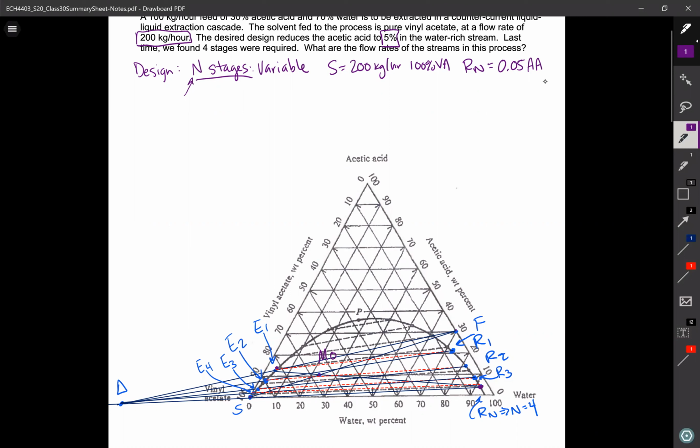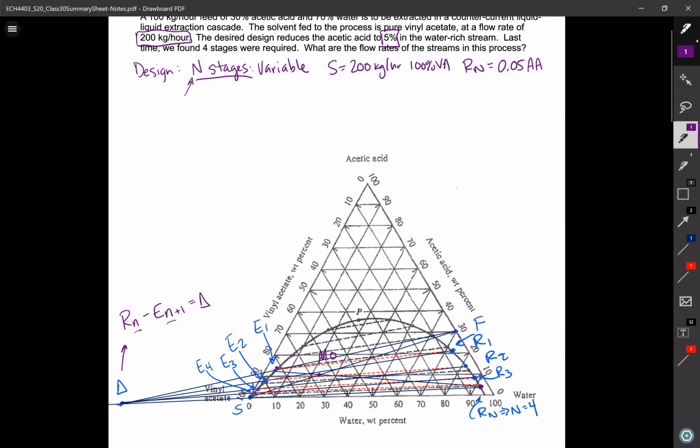And then we found the delta point. Delta is a point common to all streams. You can say it's R of stage n minus E of stage n plus 1 is equal to delta. And the fact that this is a generalized formula just for any old stage n means that delta is a point common to all points.